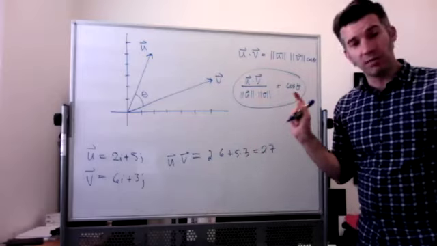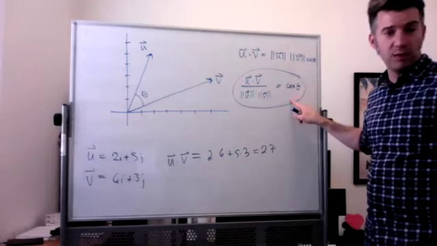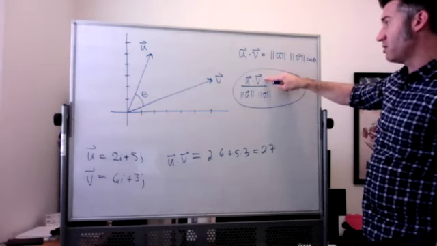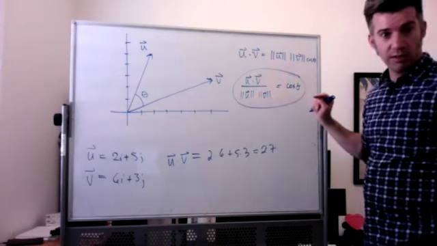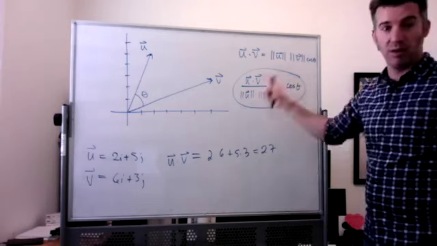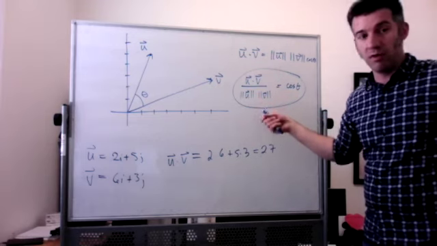I would just remember this and then work with it when you need to. Something interesting is that since we know cosine is between -1 and 1, the dot product of two vectors is always less than or equal to the product of their magnitudes, because cosine theta can't be bigger than 1 or smaller than -1.